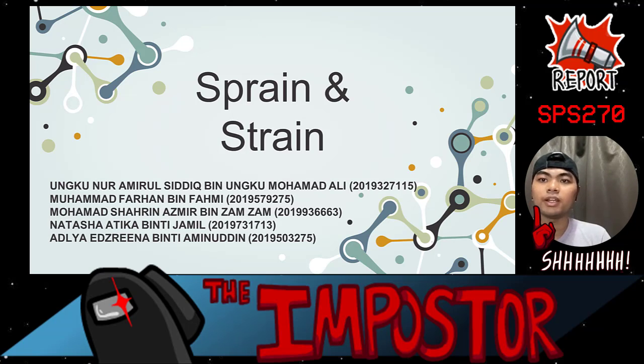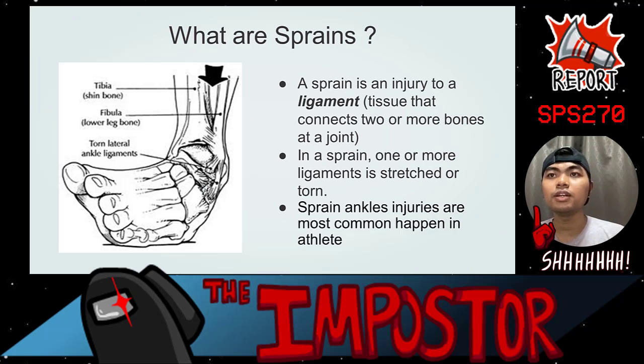Today my group and I will present to you about sprain and strain. What is a sprain? A sprain is an injury to a ligament, which is tissue that connects bones to other bones. Joints contain many ligaments. A sprain results when a joint is twisted or pulled and the ligament is stretched or torn.